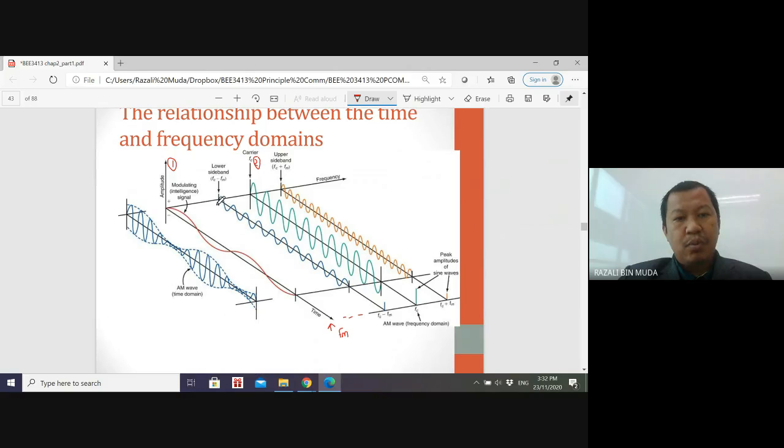Then the output from this modulation we call the envelope.